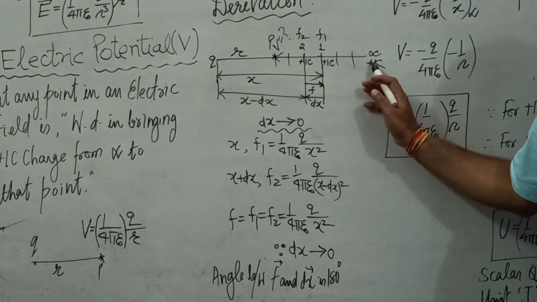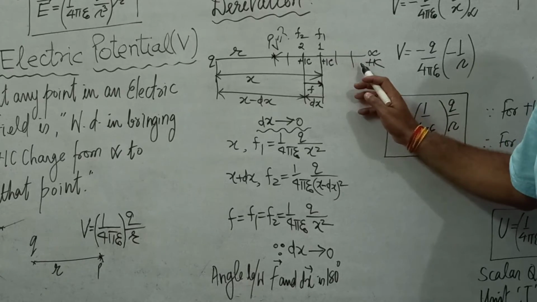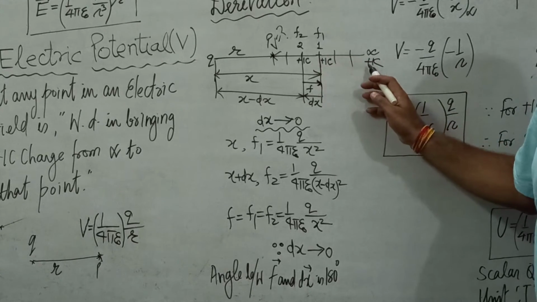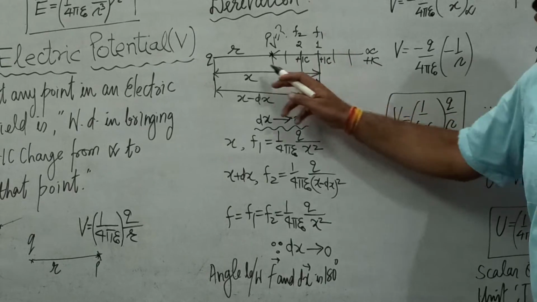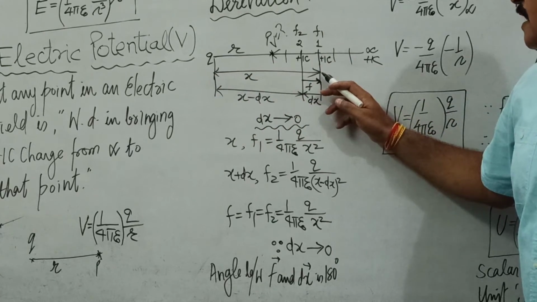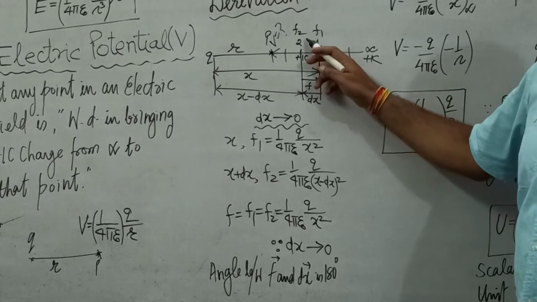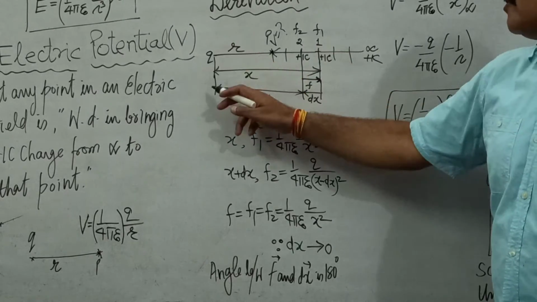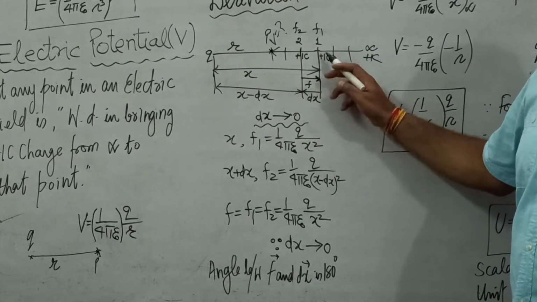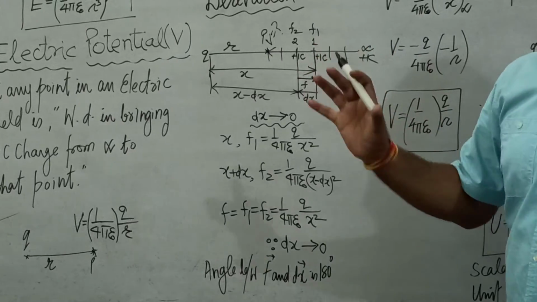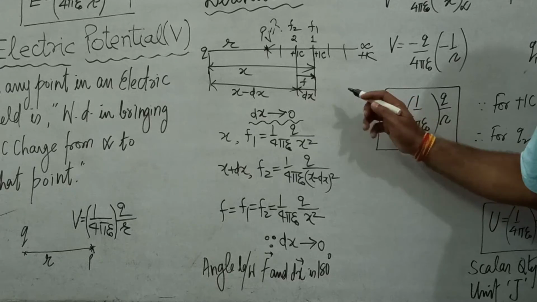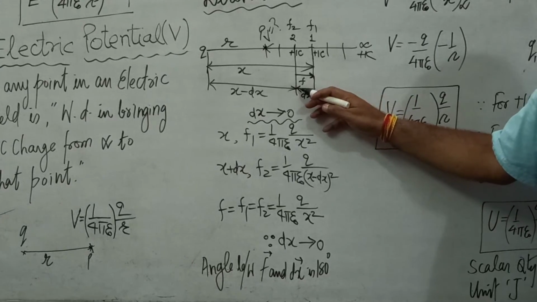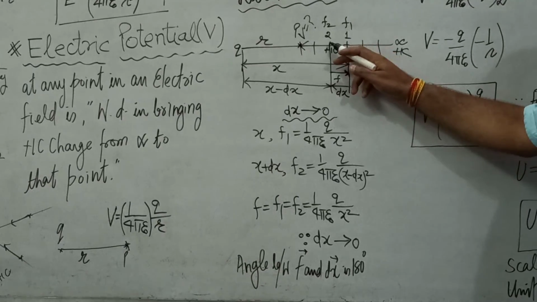When point charge plus 1 coulomb is at 1, its distance from q is what? x. And when the 1 coulomb charge is at 2, its distance from q is what? x minus dx. This is dx. This is a highly magnified version of the displacement dx. Well, this is the displacement as the point charge moves from 1 to 2.